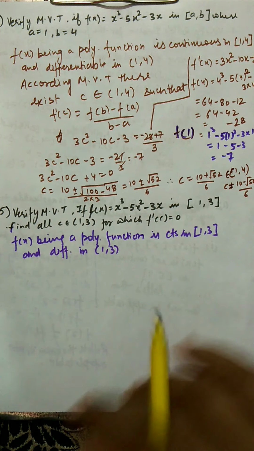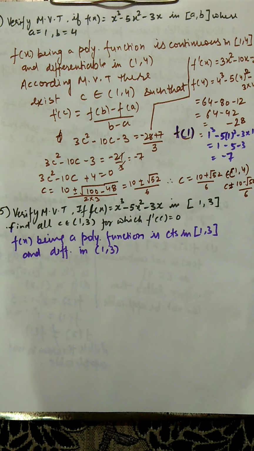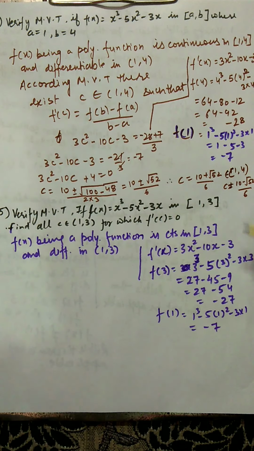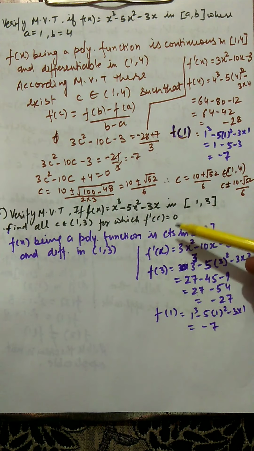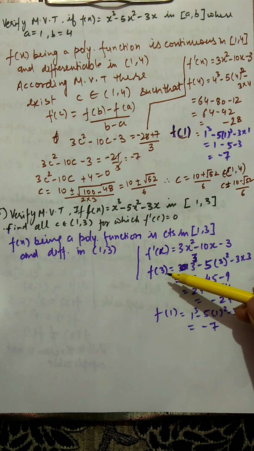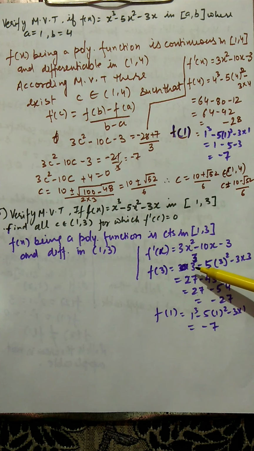You can see the conditions of the mean value theorem are satisfied. We'll check what the values of c are. Now we have calculated f'(x), which will be 3x² − 10x − 3, and we have calculated f(3) also. f(3) will be 3³ − 5 × 3² − 3 × 3.